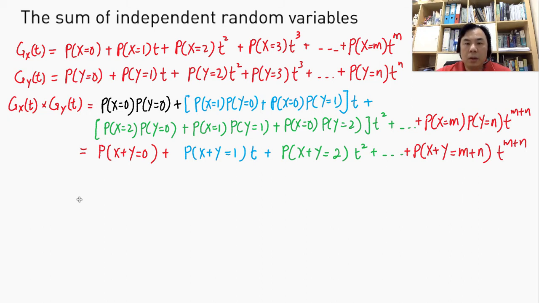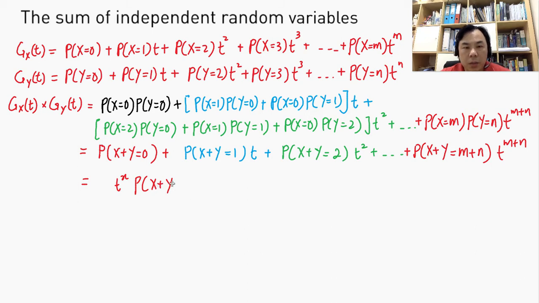Okay. Now from here onward, you will see that this is yet another probability generating function. We can actually write this as the same as t to the power of x plus y. Is it x plus y? Let me see. Yep, correct.